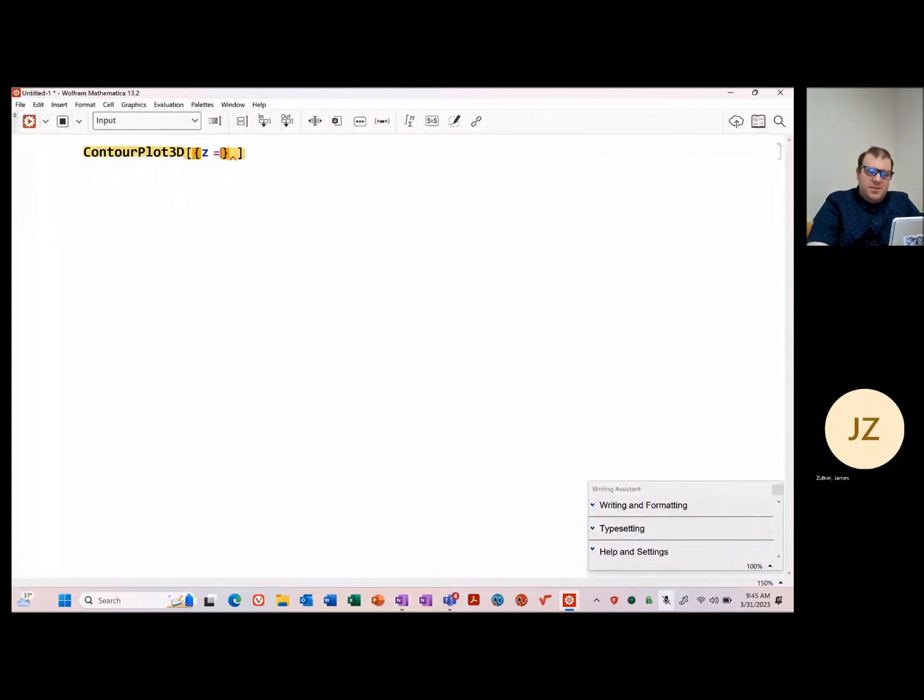Let's take a look. Z equals x squared plus y squared, and z equals 8 minus x squared minus y squared. Let's go -5 to 5 all the way around.